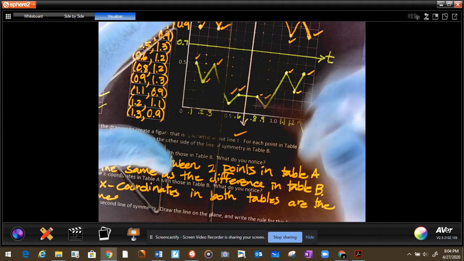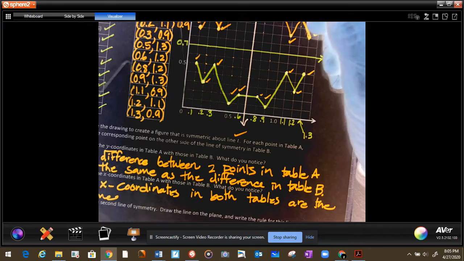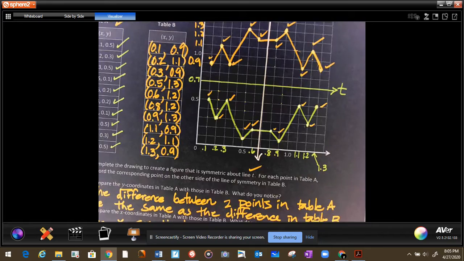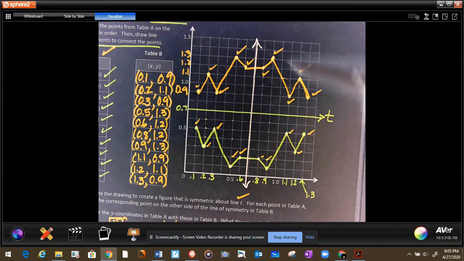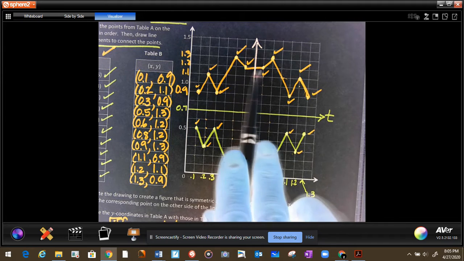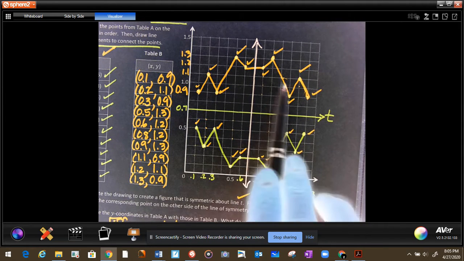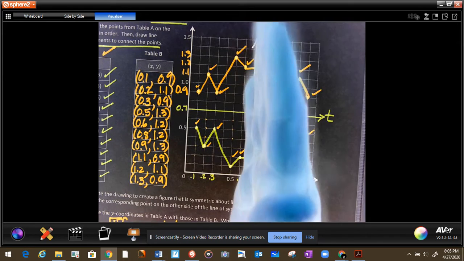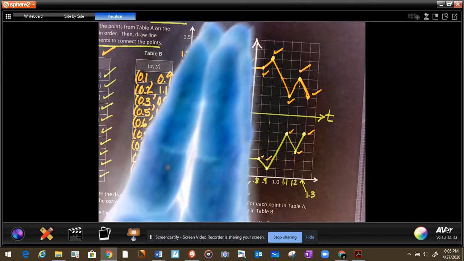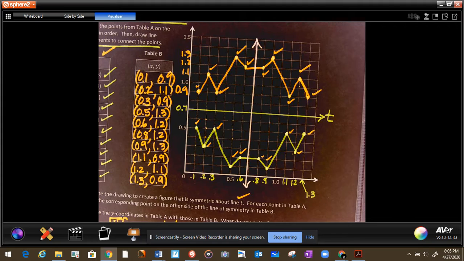Again, let me show you. Because this part is exactly like this one, these can be cut in half and then folded together, and they will be symmetrical as well.